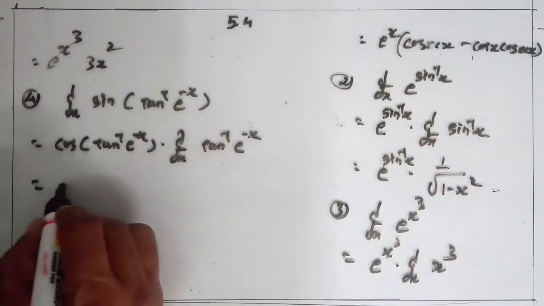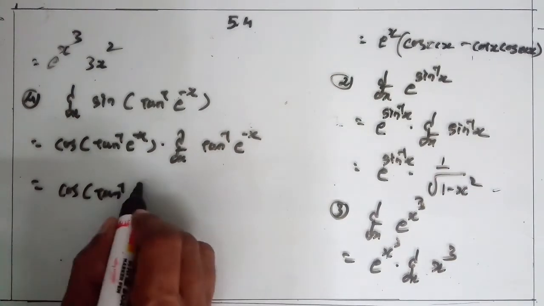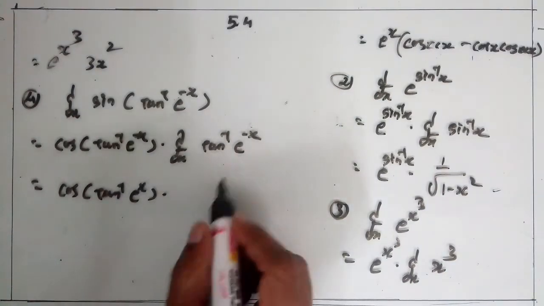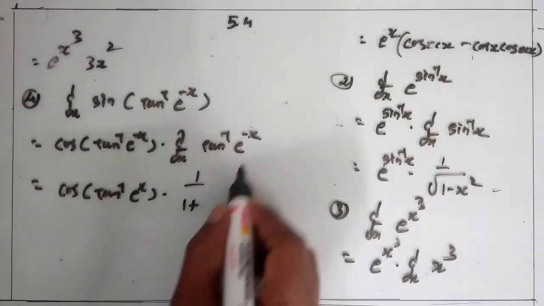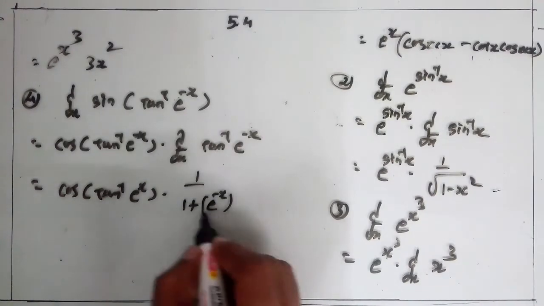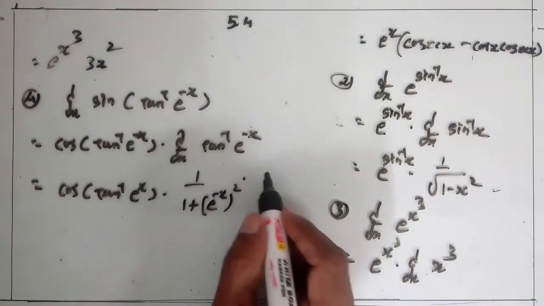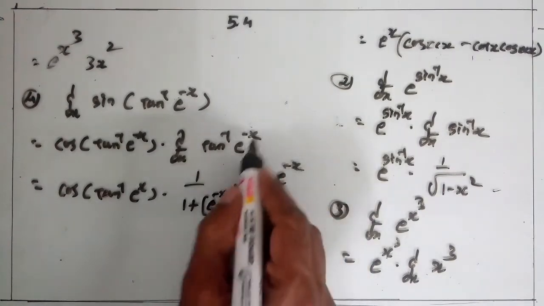So it is equal to cos tan inverse e raised to minus x into the derivative of tan inverse, we know that it is 1 upon 1 plus x square. Here x is equal to e raised to minus x, squared, into the derivative of e raised to minus x. Clear?